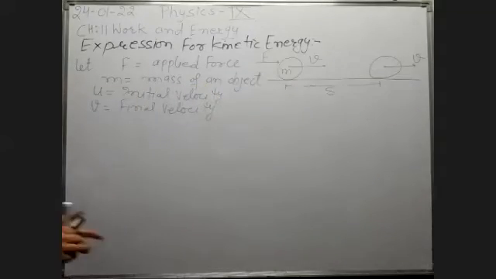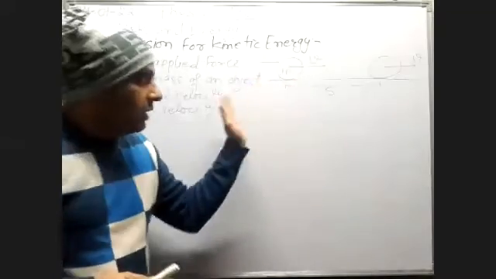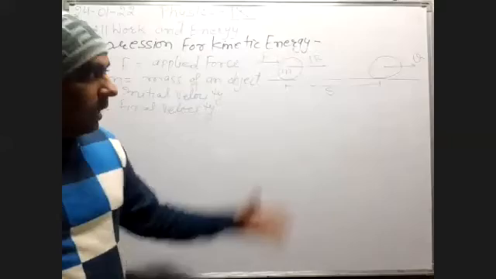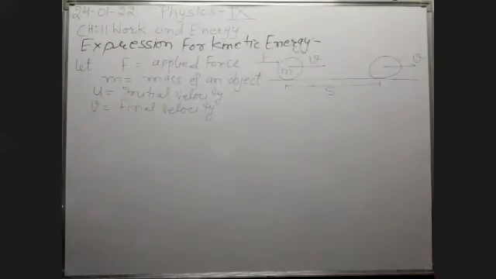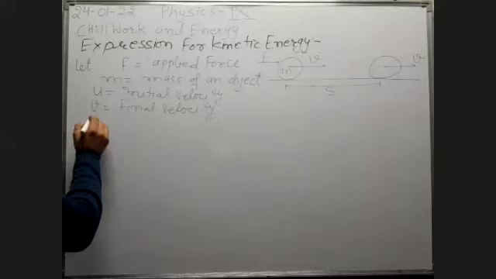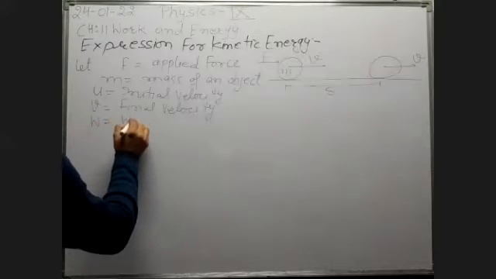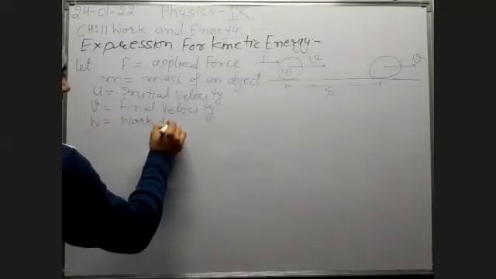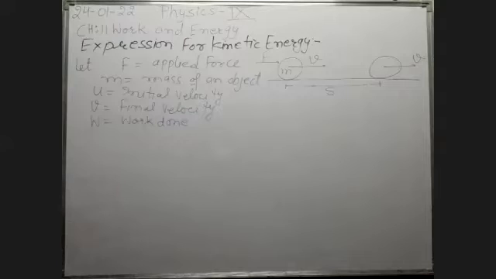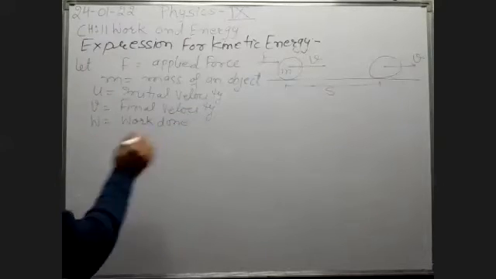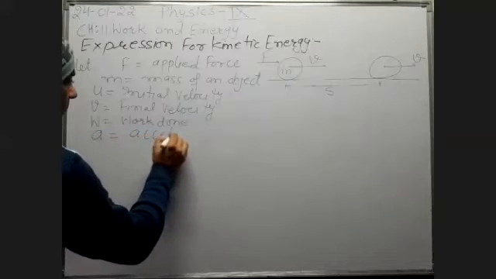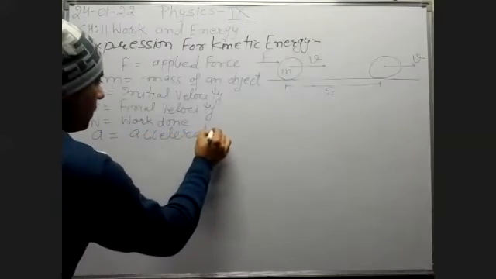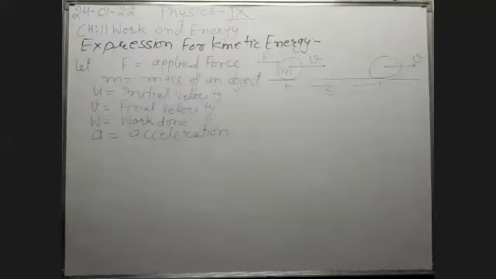If we are applying some force on an object and it has some displacement, then some kind of work is done. So what is W? Work done. Initial velocity, final velocity, a, acceleration. Acceleration will be there.